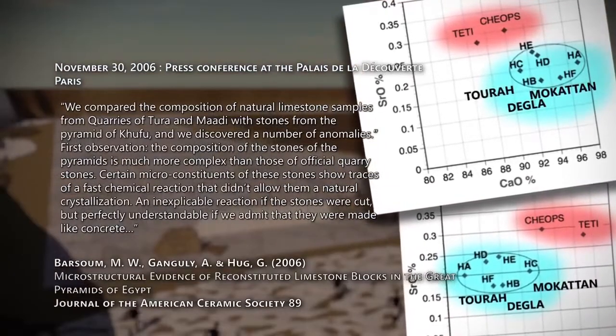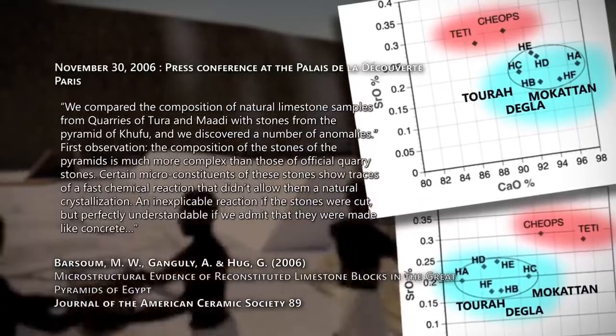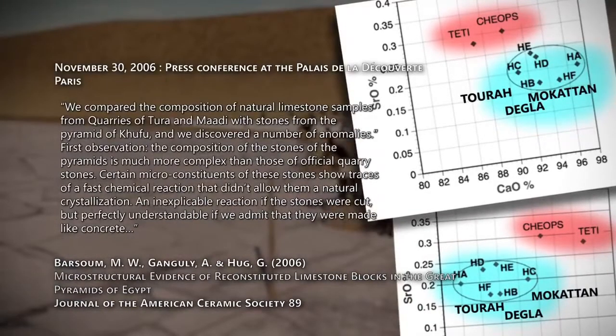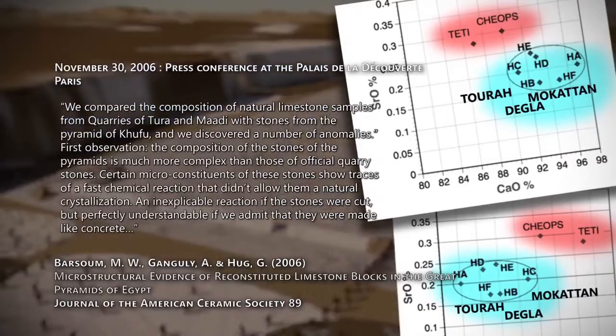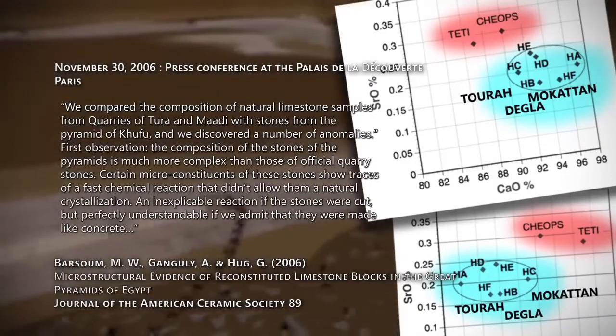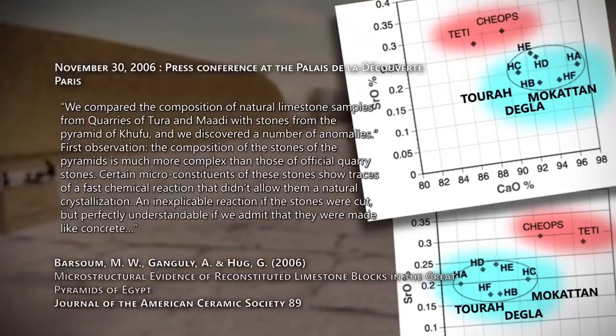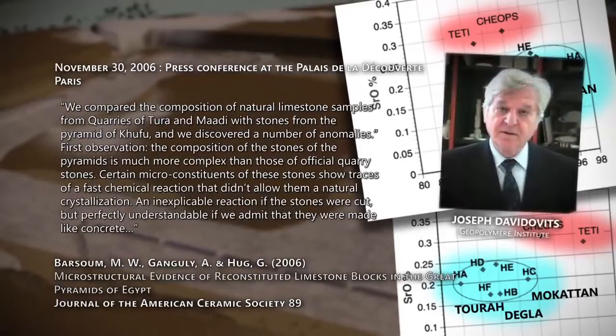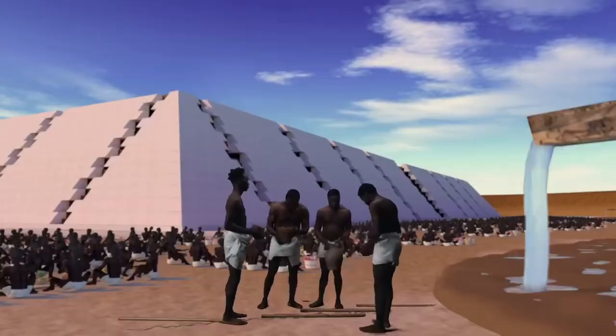Certain micro-constituents of these stones show traces of a fast chemical reaction that didn't allow them a natural crystallization. An inexplicable reaction if the stones were cut, but perfectly understandable if we admit that they were made like concrete. So that confirms the thesis defended for 30 years by the inventor of geopolymers, the French chemist, also an Egyptologist, Joseph Davidovits.